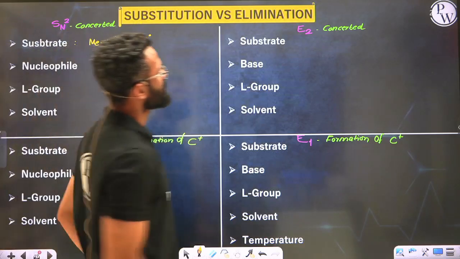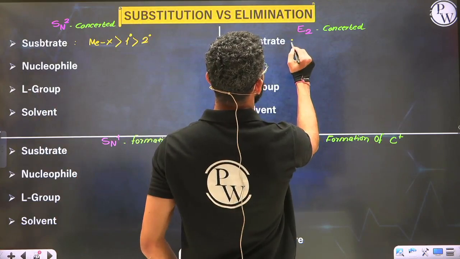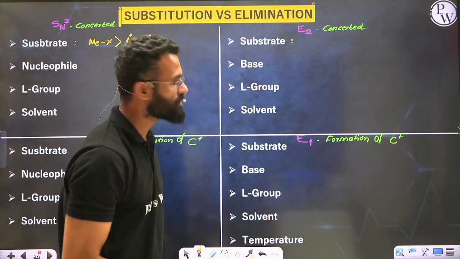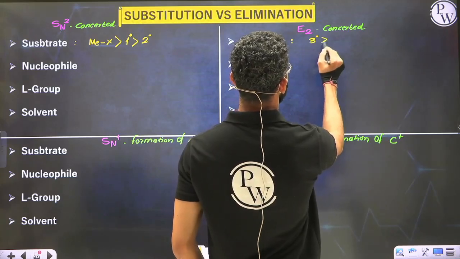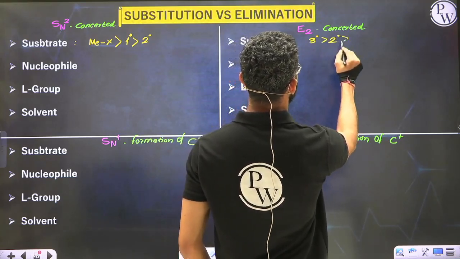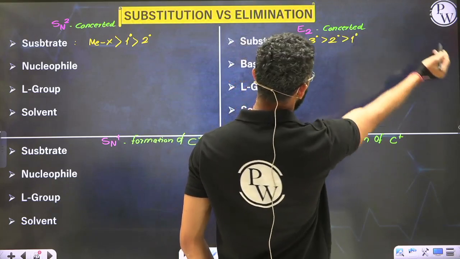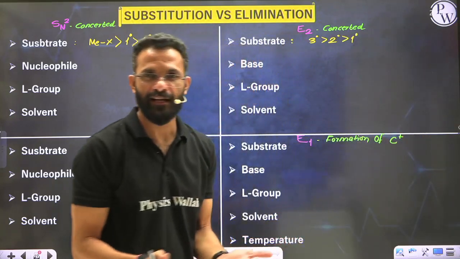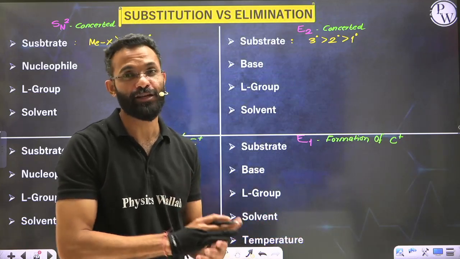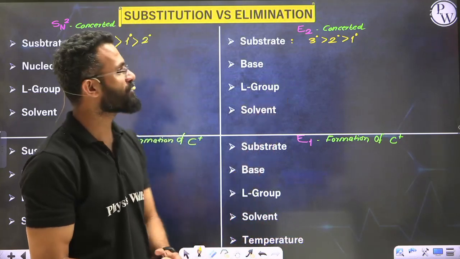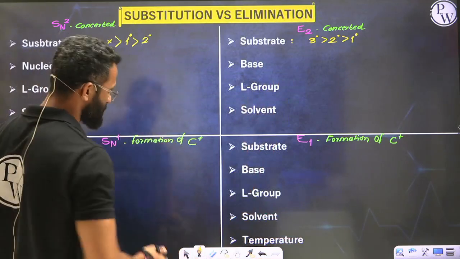The most reactive substrate towards E2 is tertiary, then secondary, and then primary. No question of methyl halide because methyl carbon itself does not have any beta carbon. Methyl halide does not have a beta carbon, so it won't give you E2, which is a type of beta elimination.